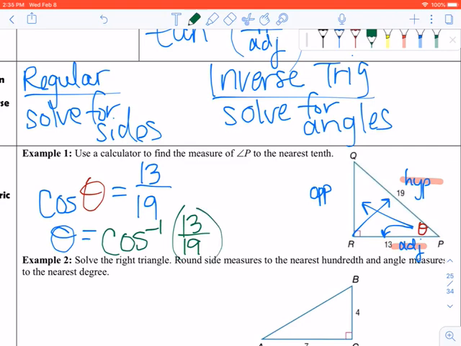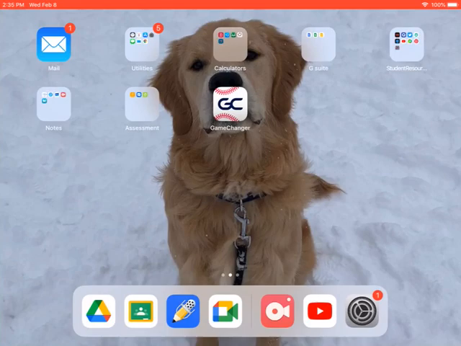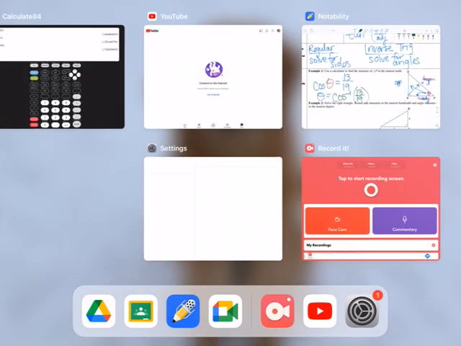I'm just reversing the statement we set up before because my variable is now with the cosine. To solve for it, I have to take the inverse cosine. So when we do that in our calculator, here is the graphing calculator app somewhere on here. I know it's over here. There it is.